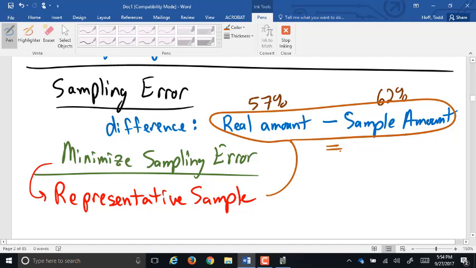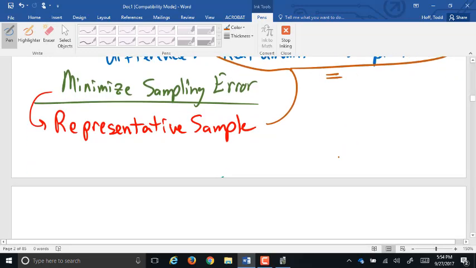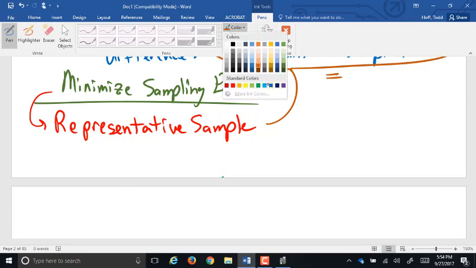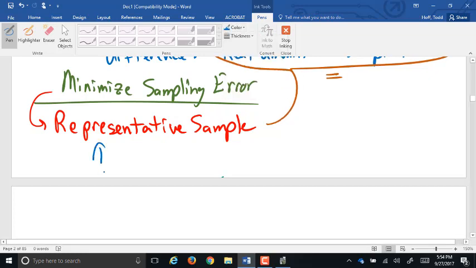The problem is we don't know the real amount, do we? So we'll never know if they're exactly equal. So we want to take measures to try to minimize that difference. The way that works, a representative sample requires two things. One, adequate size.